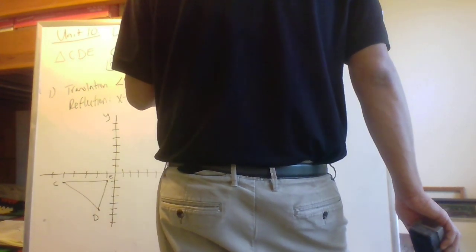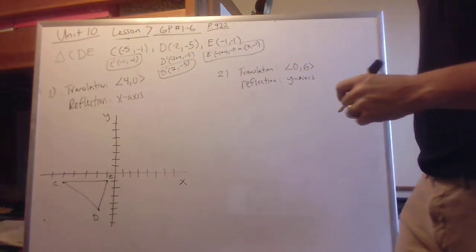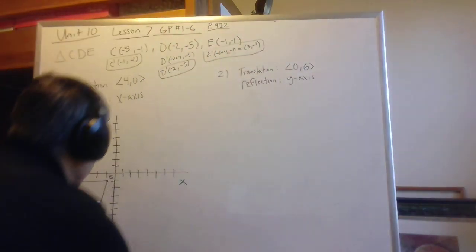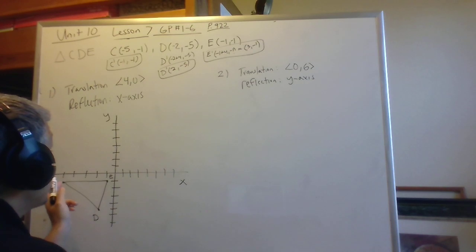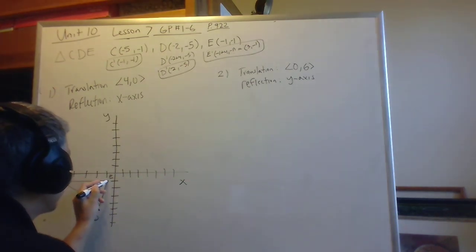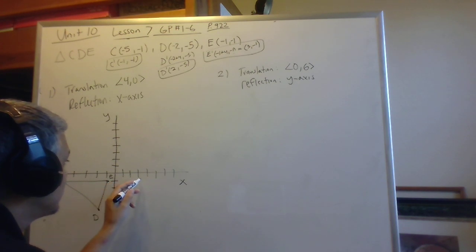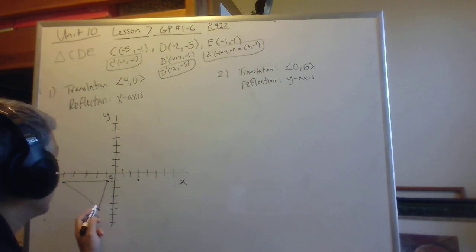So essentially here are our new coordinates once we translate it over to the right 4 units. So C is going to go over 4 units, so that's going to be at -1, -1. So here's our C prime. Our E prime is going to count over 4 units, so that's going to be at 3, -1, and our D prime is going to be at 2, -5.